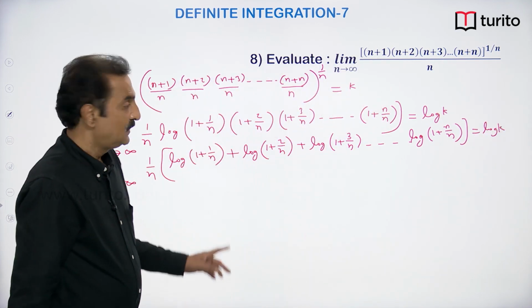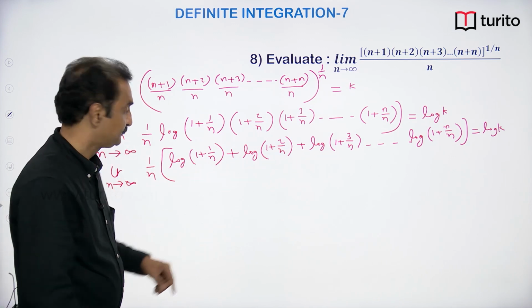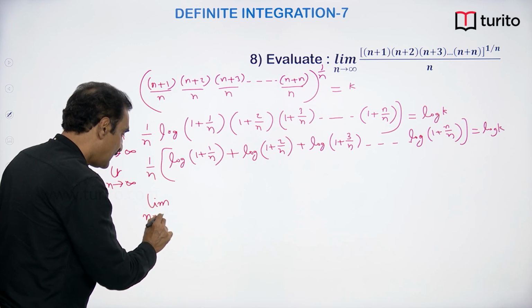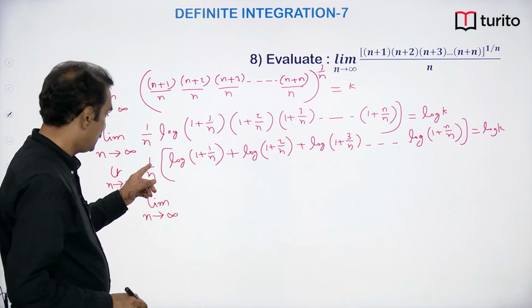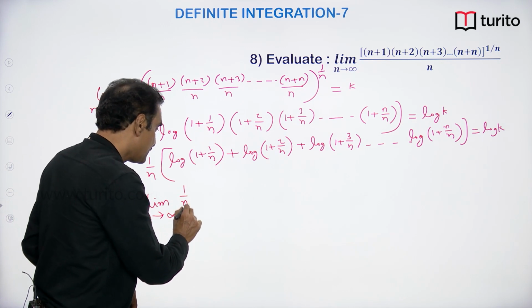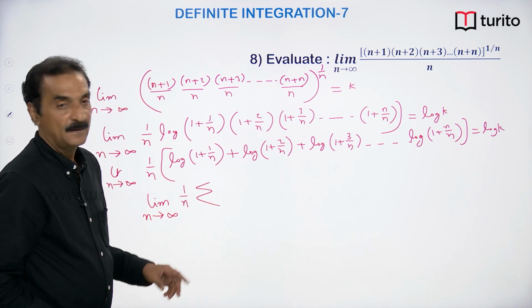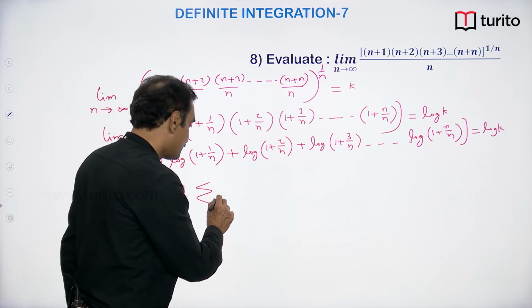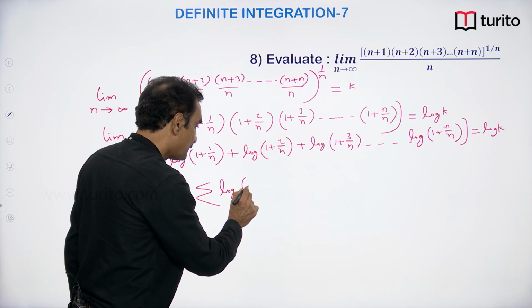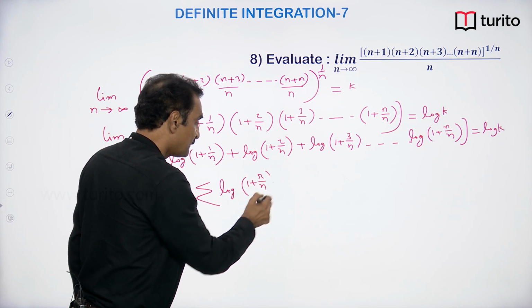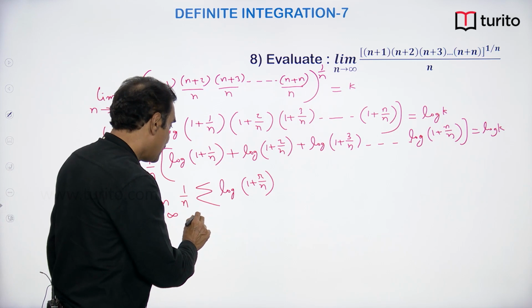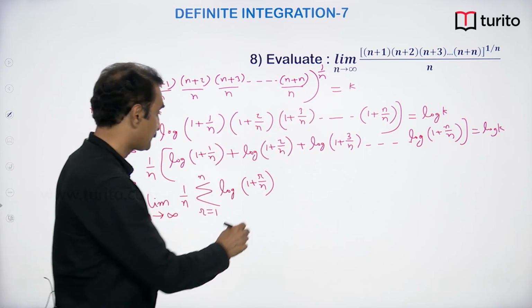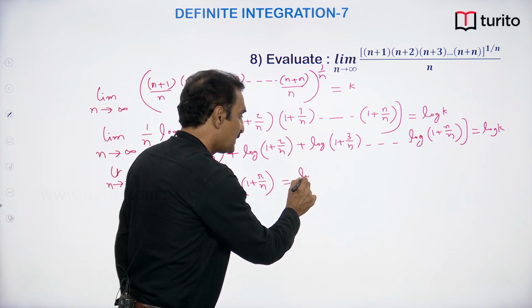Okay, write this in the form of sigma. Limit n tends to infinity, 1 by n sigma, what is the general term? Log 1 plus r by n. R varies from 1 to n, if you observe the series, is equal to log k.